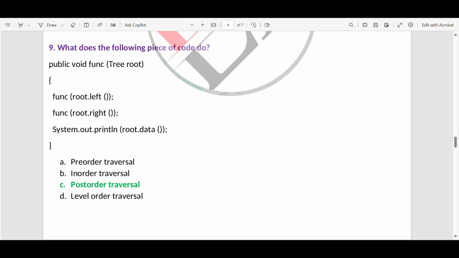It is related to trees. Means here we'll be having left, right, so like that. So when you go inside, we are having root dot left function, and inside we are again having root dot right. So we'll be directly printing root dot data.